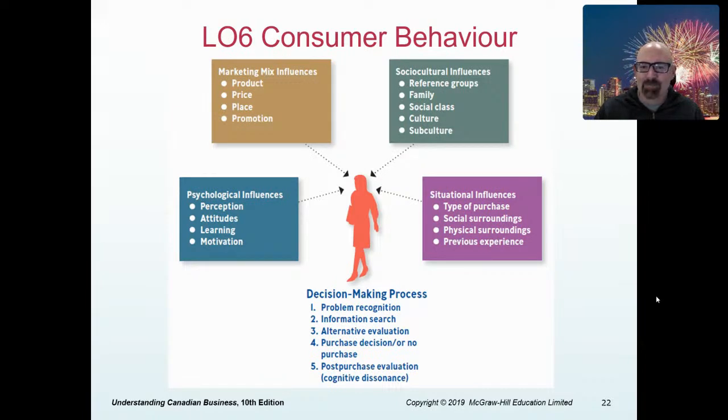Situational influences, what I'm buying, what I'm surrounded with socially, what is our physical surroundings like at this moment? What about previous experience with something? So let's say physical surroundings. They put all the individual chocolate bars right at the cash register. Why? Because it is a what? It is a snap decision purchase.